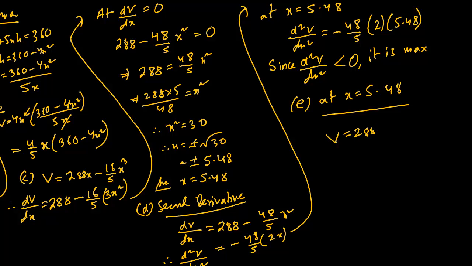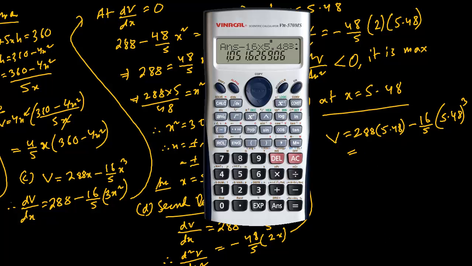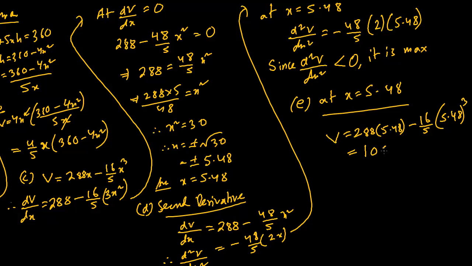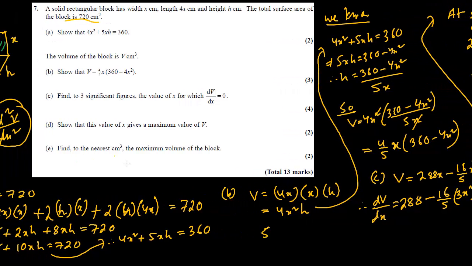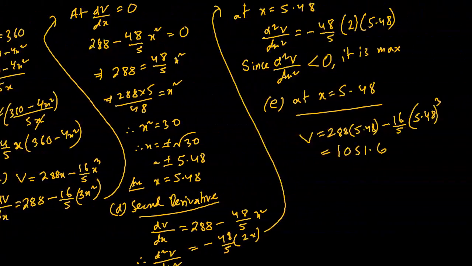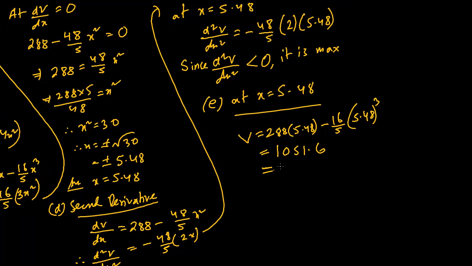So 288x minus 16 by 5, 5.48 cubed, and the calculation turns out to be 1051.6. In the question, is there any significant figure? To the nearest centimeter cubed. So the nearest centimeter cubed would be 1052 cm cubed.